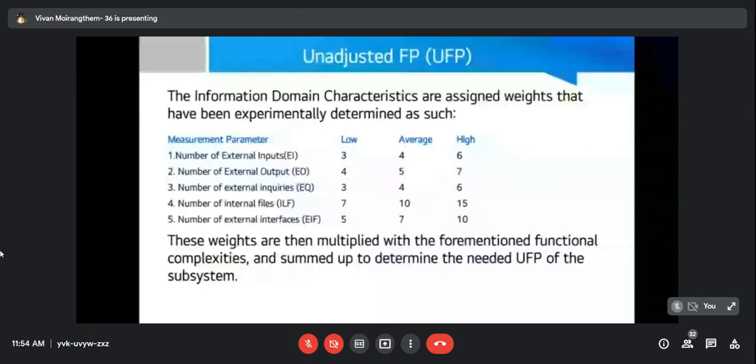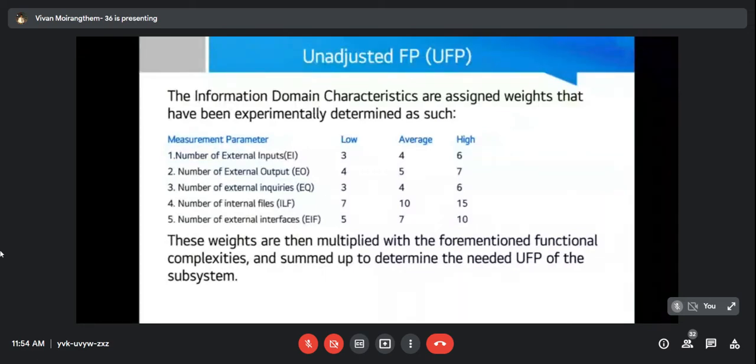Then we will take the complexity value of external inputs, let's say, and multiply that with 6, which is the experimentally determined high value of external inputs. Likewise, we will do the same thing for the rest of the parameters. We will take the complexity value of external outputs and multiply it with 7, then the complexity value of external inquiries, we'll multiply it by 6, and likewise for internal files and external interface.